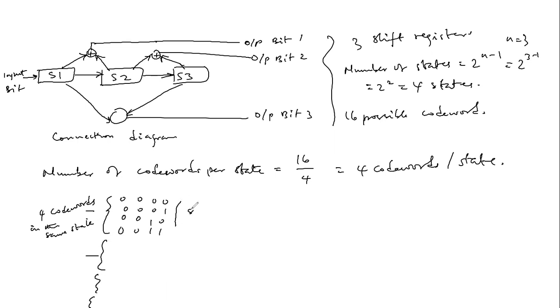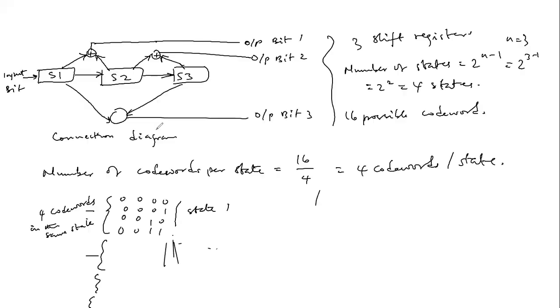So that will be state 1. Then the next branch of 4, so the other group of 4 being state 2, then the third group of 4 state 3, and the fourth group of 4 state 4, right?